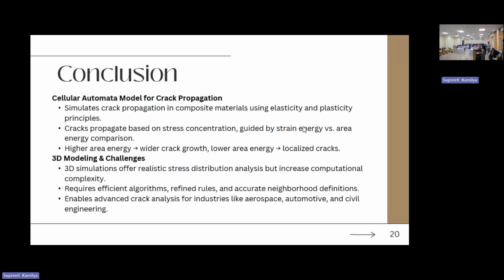So this can enable advanced crack analysis for practical applications in industries like aerospace, automotive, or civil engineering. There we can reduce the computation time drastically, and we can increase the computational efficiency.